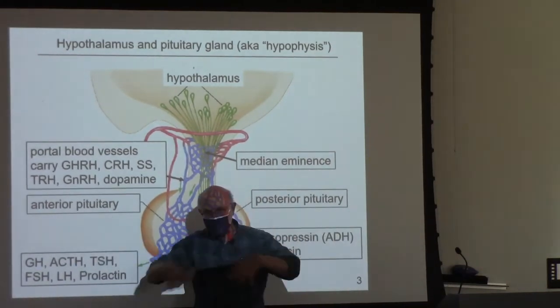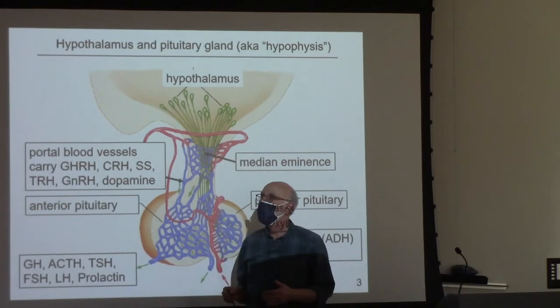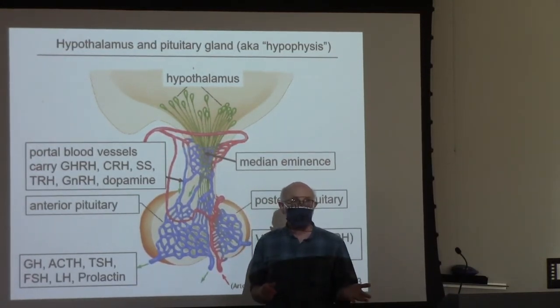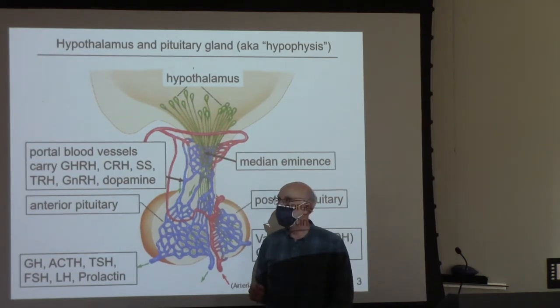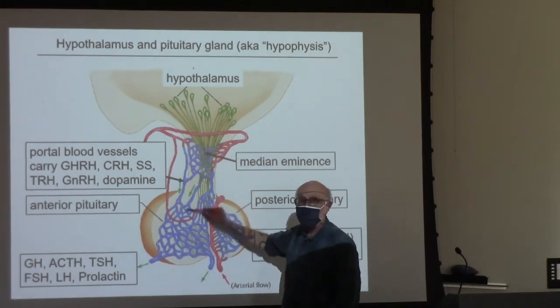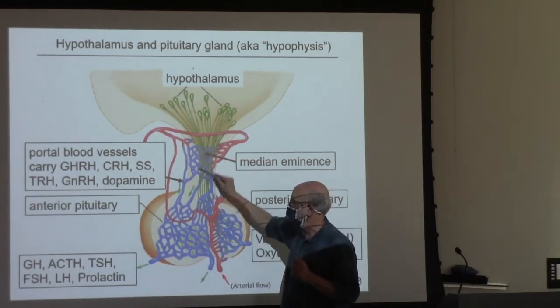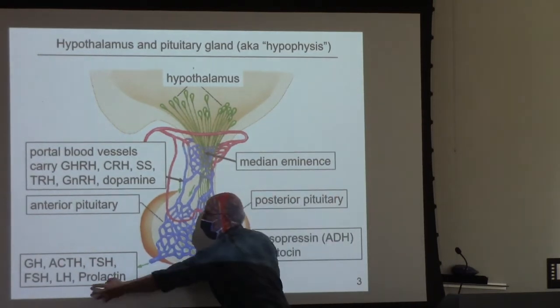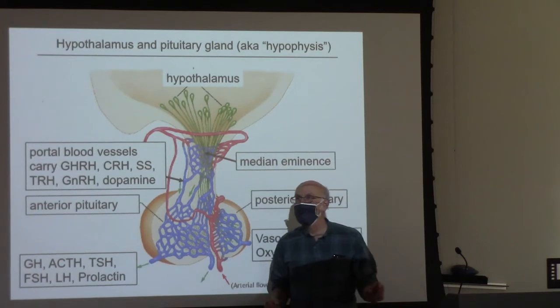TSH goes into the systemic circulation everywhere, triggering the release of thyroid hormones from the thyroid gland. Small local circulation, big systemic circulation.